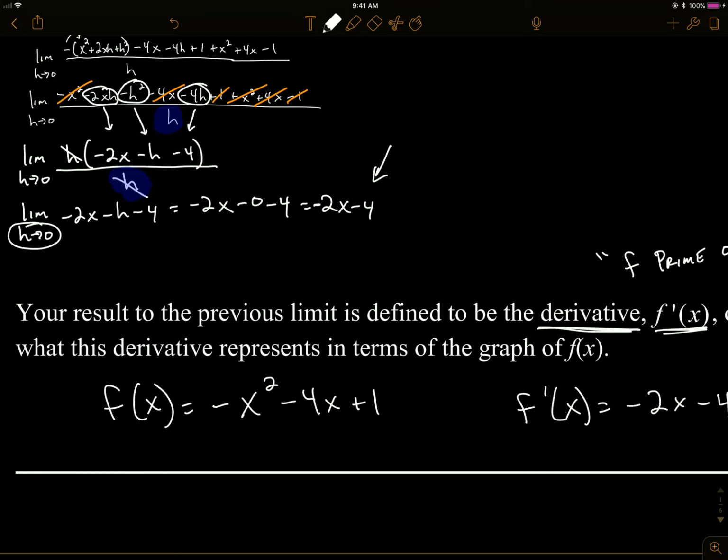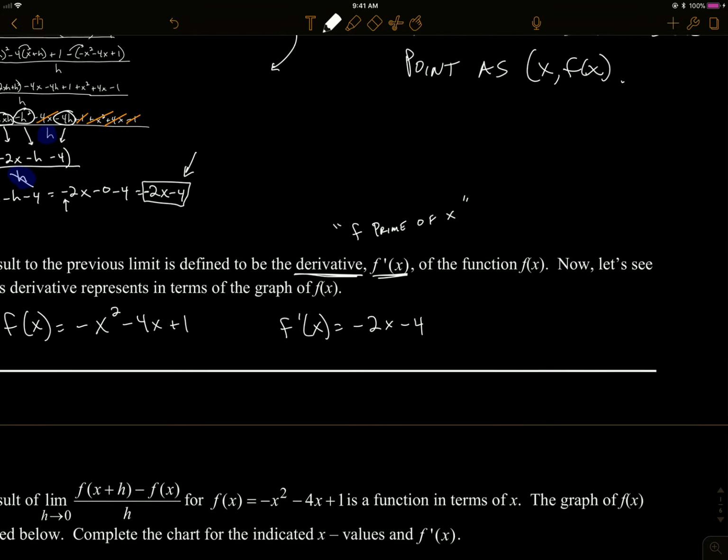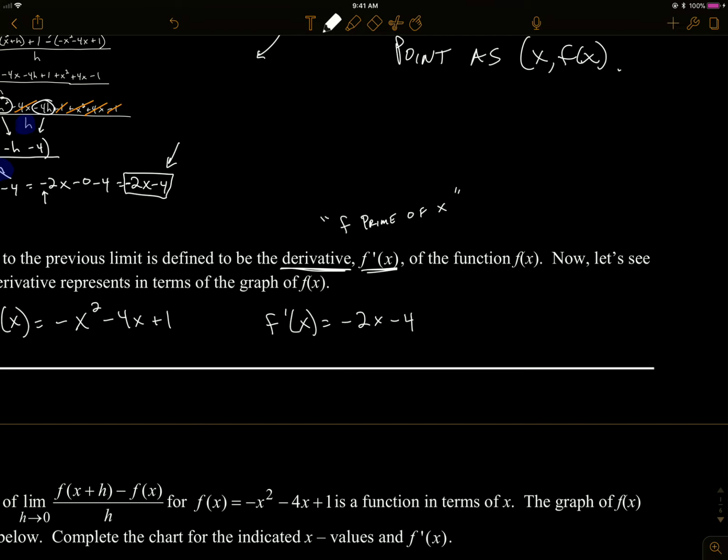This is negative because it was negative right there. So this is a function itself used to find the slope of the tangent line.